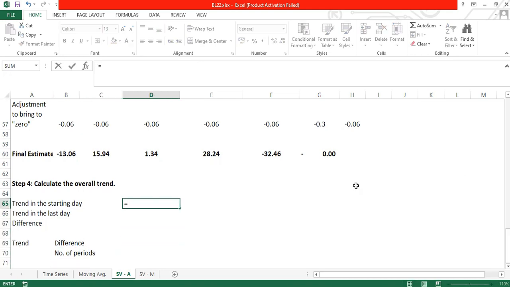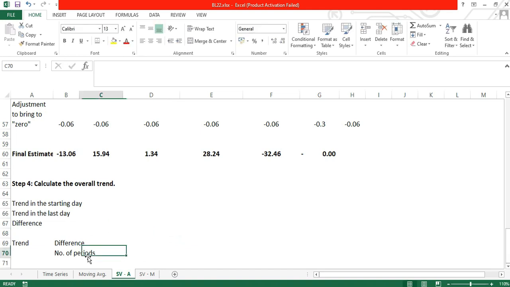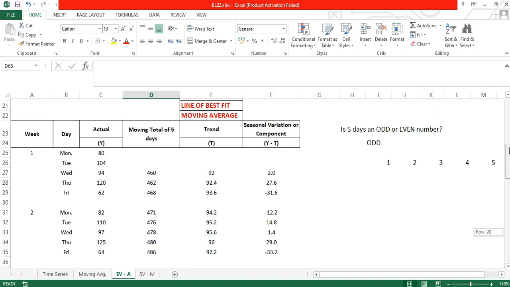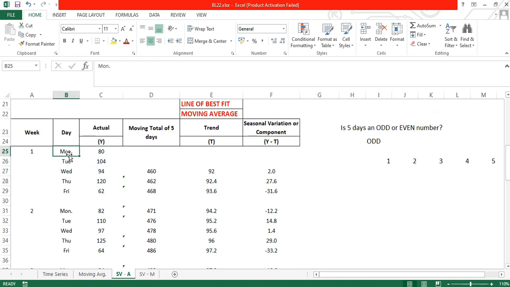Before I go, the number of periods between the above trends, that means the high and low. So, the trend in the starting day. The starting day is Monday. Is there a trend? No. So we shouldn't take 0.